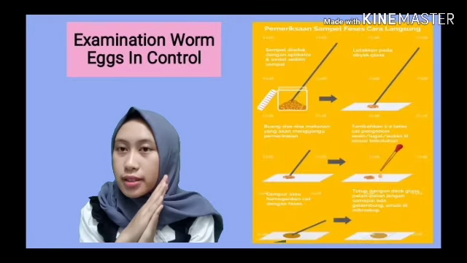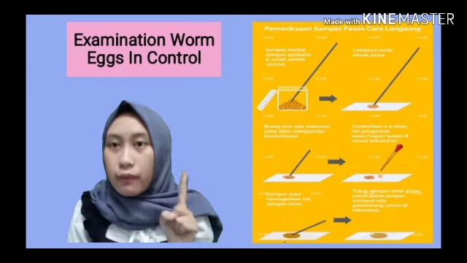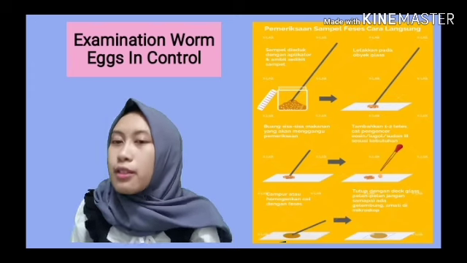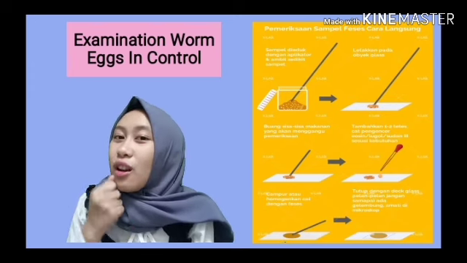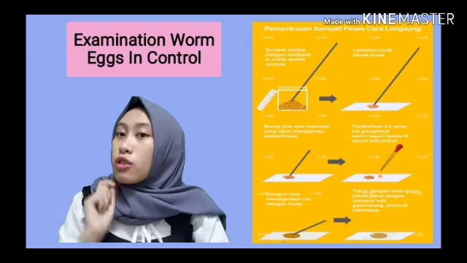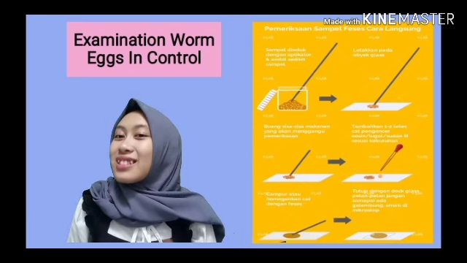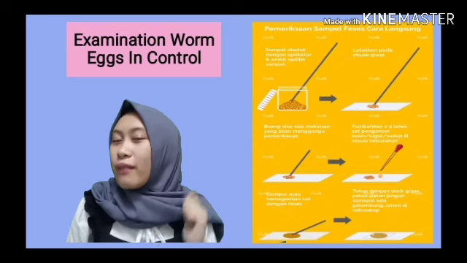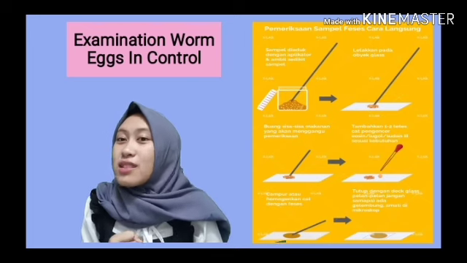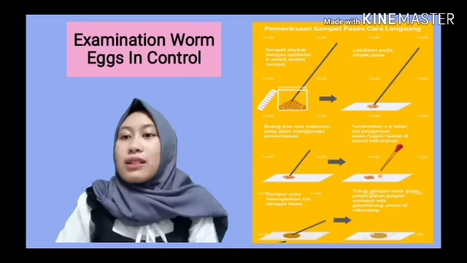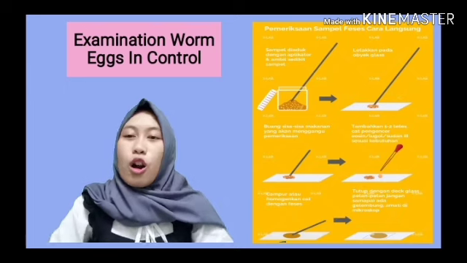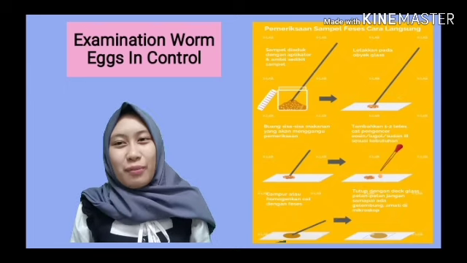Next, examination of the control. First, take a sample and place it onto an object glass. Discard leftovers, add 3 to 5 drops of eosin, homogenize the eosin with the sample, cover it with a cover glass, and observe under a microscope.